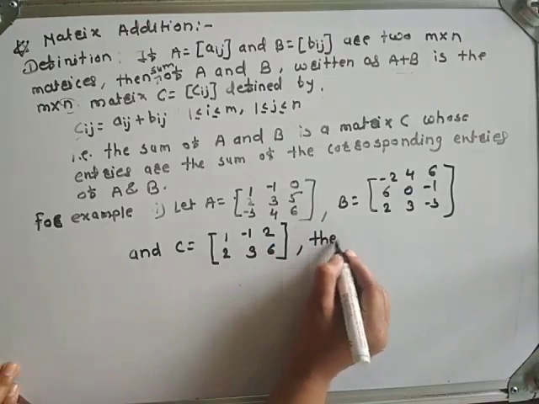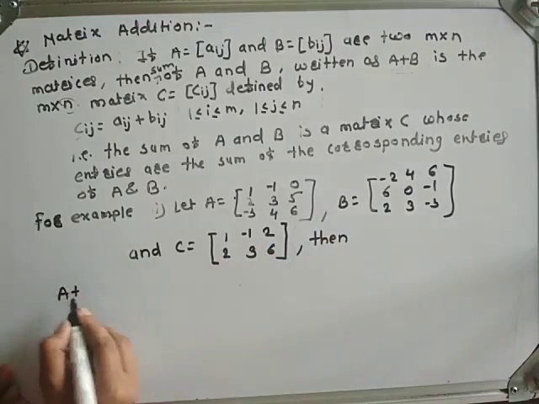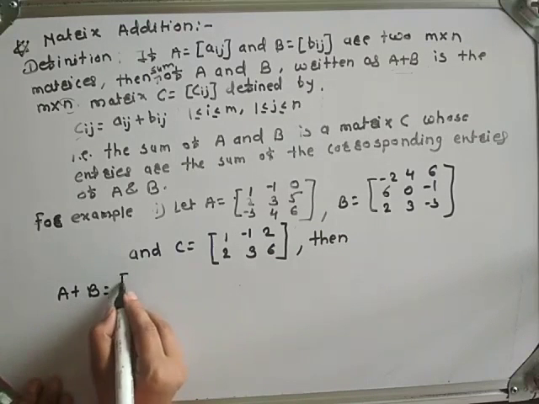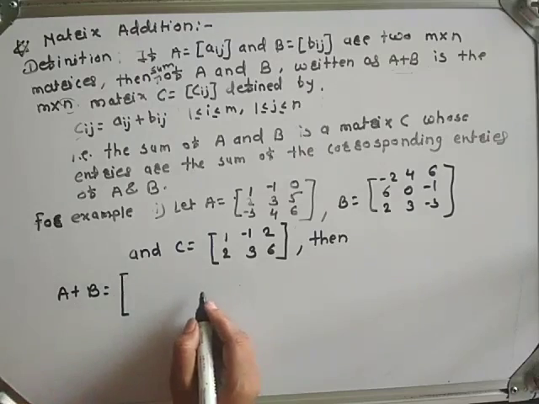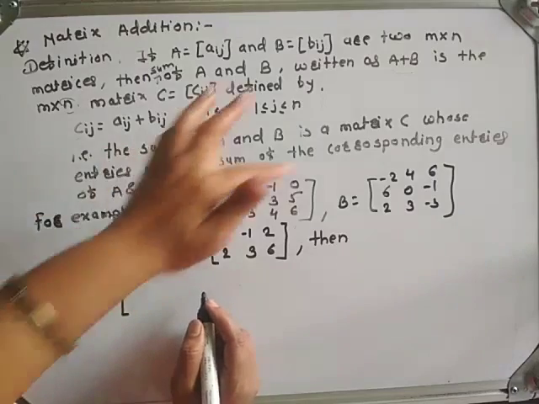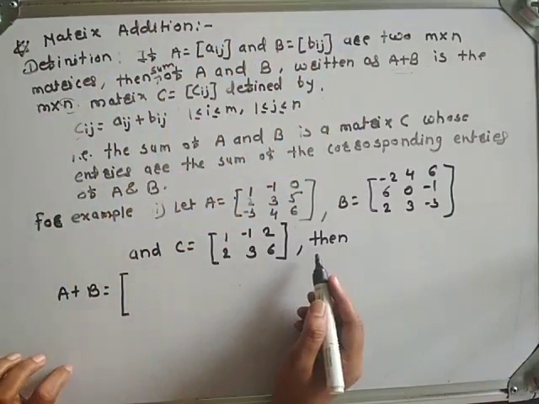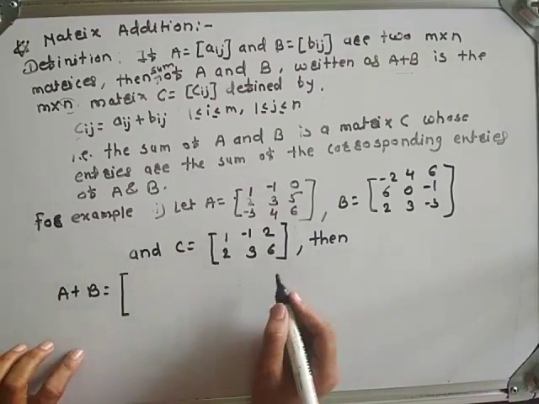Then A plus B. We have to find the addition of A and B. Addition of A and B is nothing but the matrix C, whose entries are the sum of the corresponding entries of A and B.